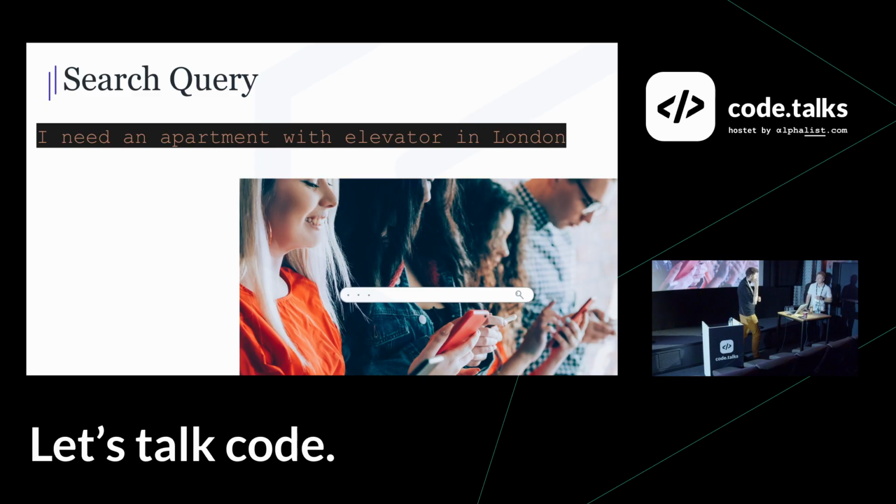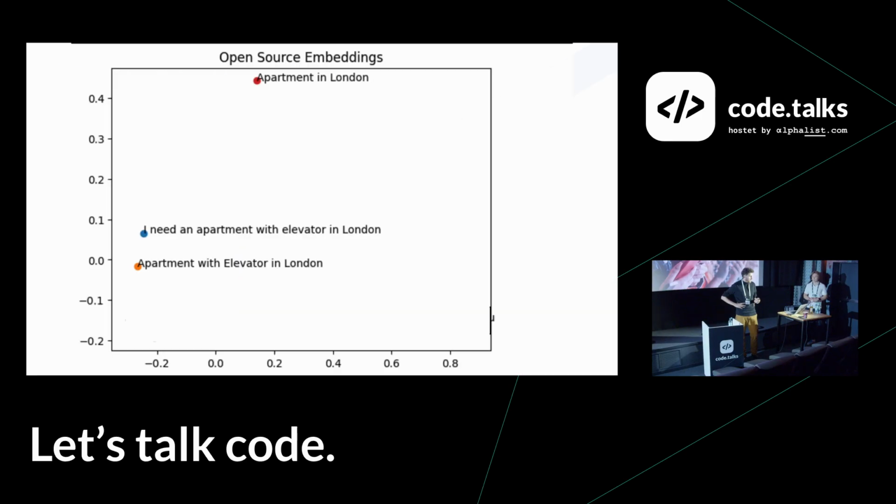So an example of how we can try to use that in practice would be, let's say you build a travel assistant and the user comes with a question: I need an apartment with elevator in London. And you have hundreds of thousands of apartments. What exactly do you answer for that question?